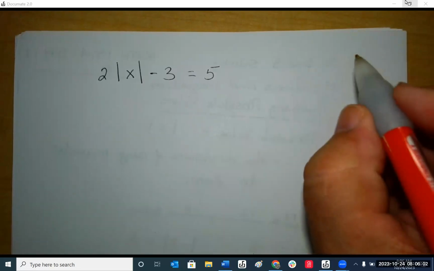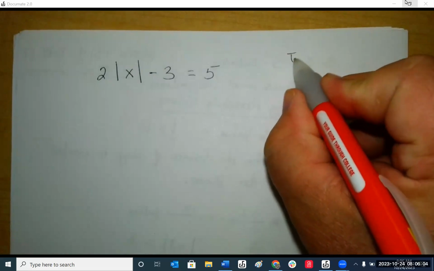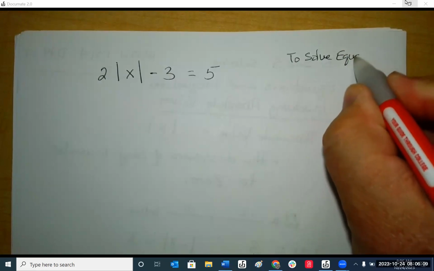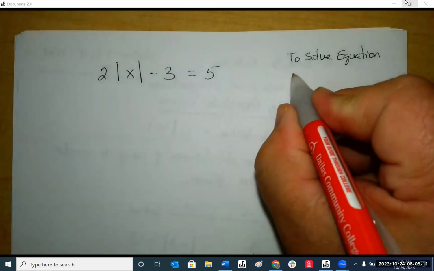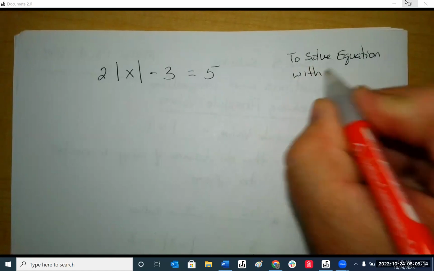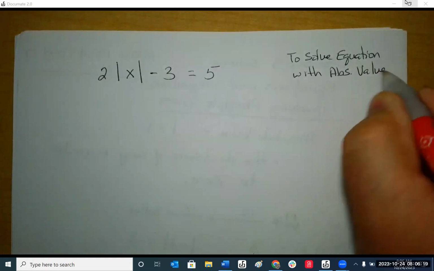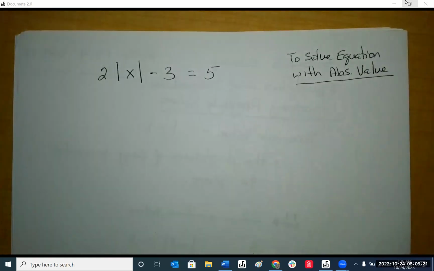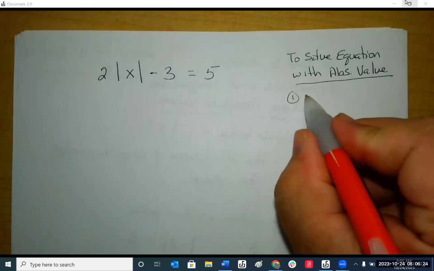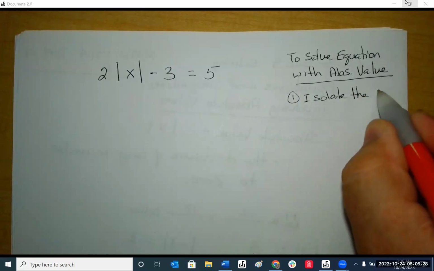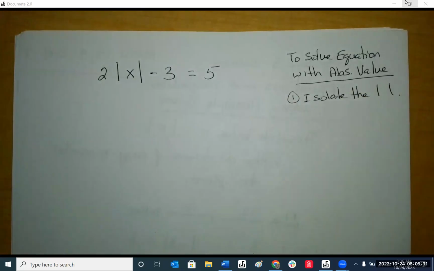To solve absolute value equations, to solve equations with absolute values, first step, isolate the absolute value. We have to get rid of everything first that's around the absolute value.